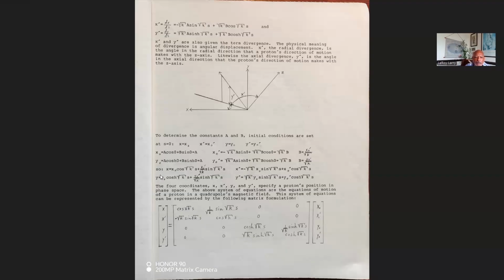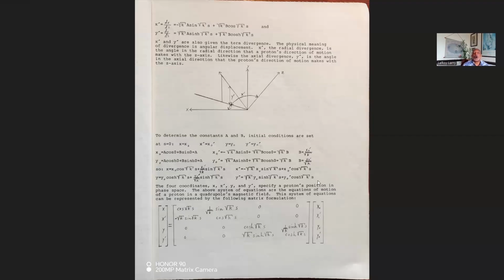And the same thing for the vertical position of that proton in phase space, up and down with respect to that central trajectory. This equation expresses its position and its change in position with respect to how much has gone along the z direction, right through the quadrupole magnets.